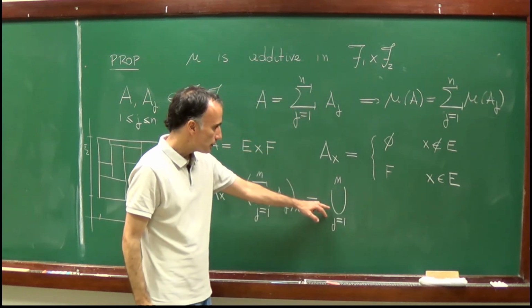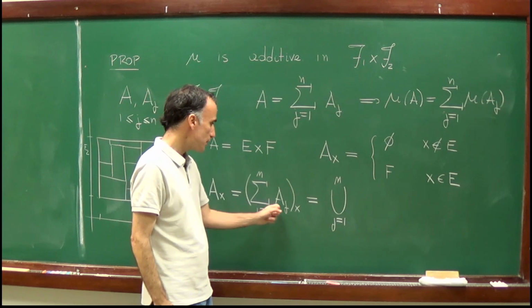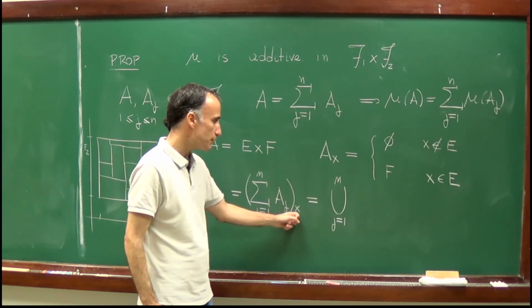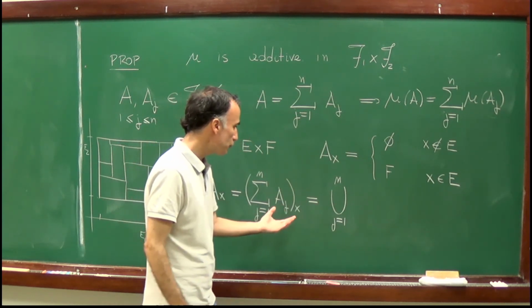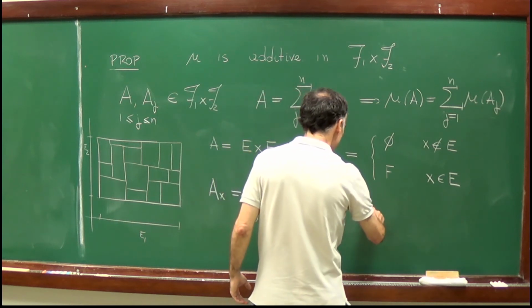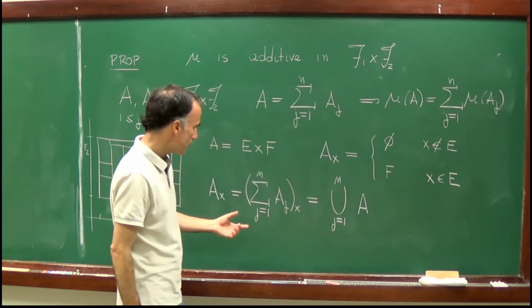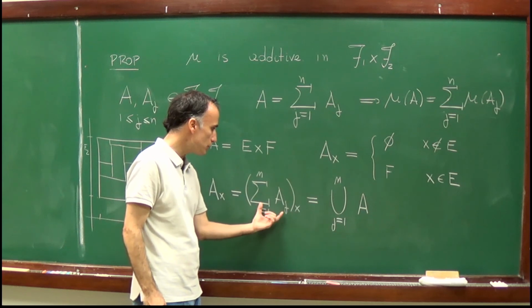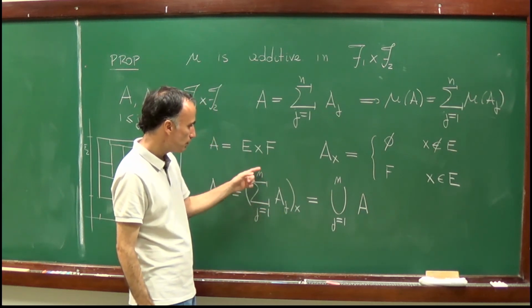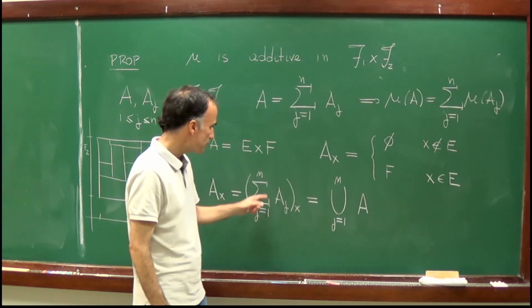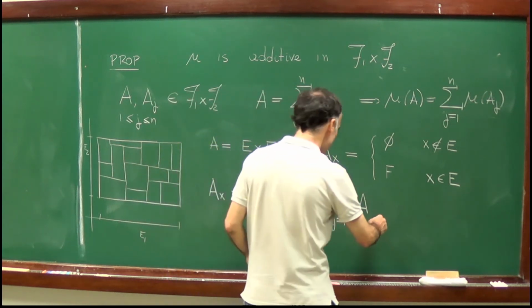I'm writing it in this way because I'm not sure if these sections are still disjoint. Well, at least I have to prove that. What we proved before is that if I take a section of a union, even if it's countable, then this section of this union is the union of these sections.